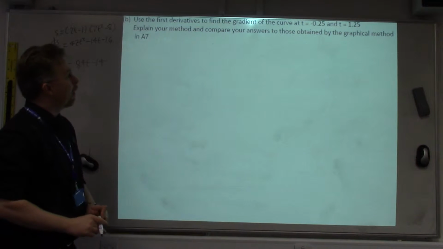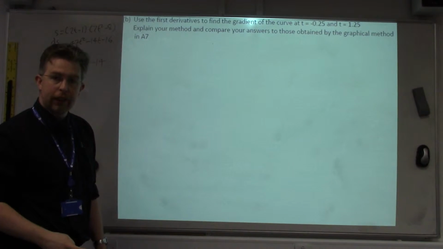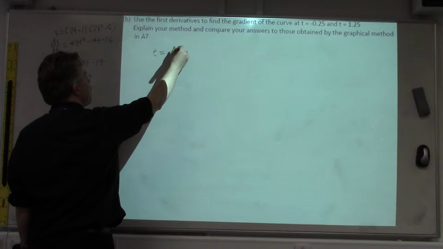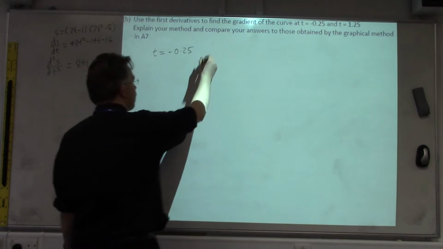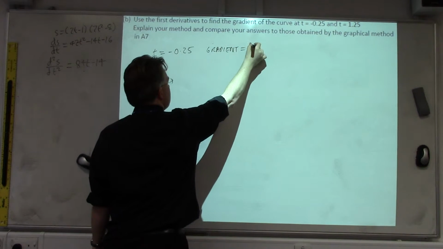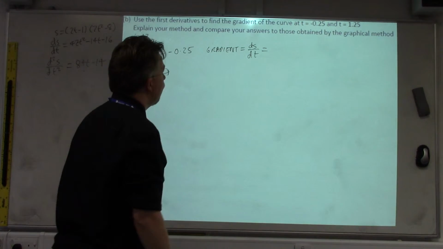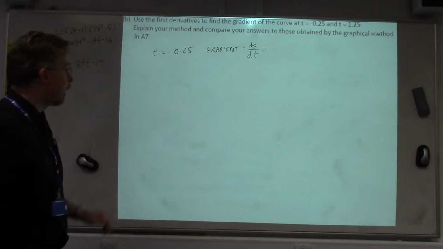So part B, we need to find the gradient at the 2 t values, t equals minus 0.25 and t equals 1.25. So it's a case of sticking those numbers into the formula for ds by dt for the gradient. When doing a negative number, put it in your calculator exactly as I'm going to write it.